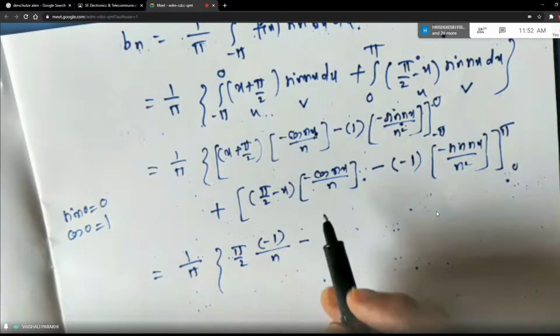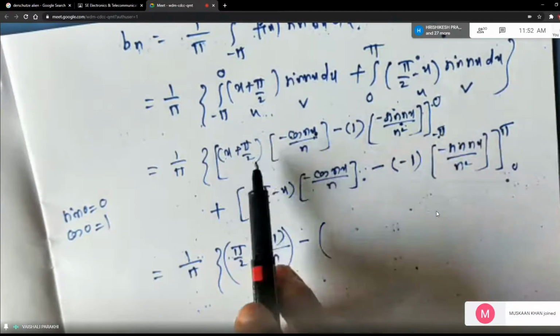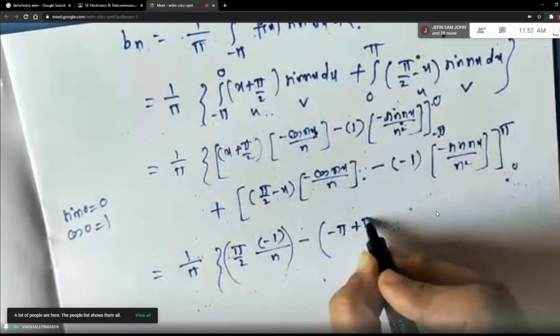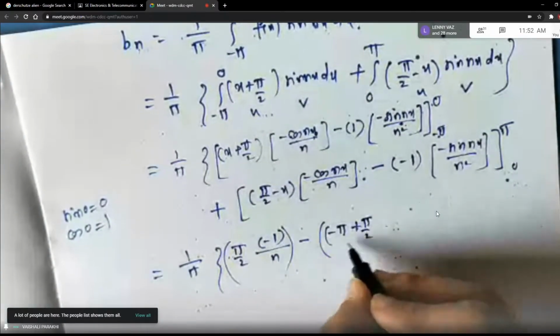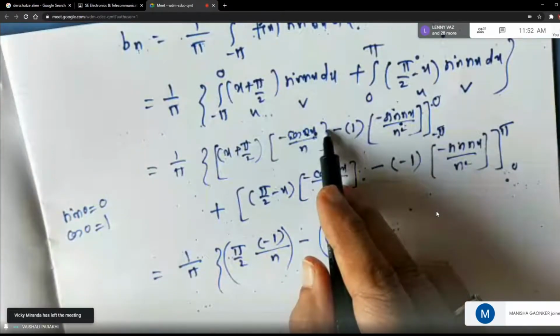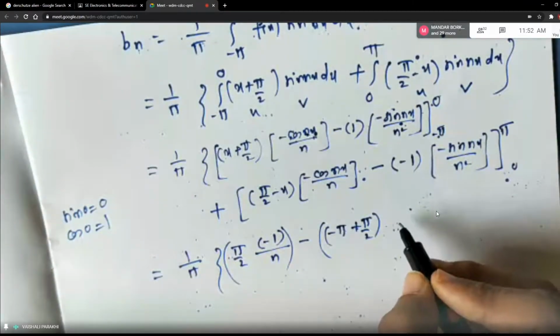Then lower limit. For lower limit, you have to put middle sign minus, students. Now see what happens. This is minus pi, right? Minus pi plus pi by 2. Okay. And this is minus cos of minus pi. Minus cos of minus pi. So what it will be?